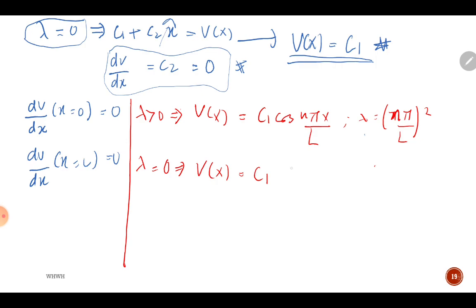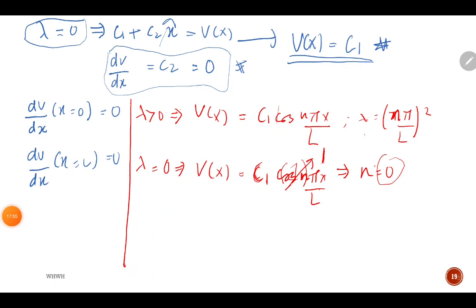But here it is multiplied by 1, but kat sini is cos n pi x over L. So we may come to the conclusion that this is for n equals to 0. Maknanya kat sini masih lagi ada cos n pi x over L, but for n equals to 0 it turns out to be 1. Faham? So that's why we have Vx is equals to C1 only.